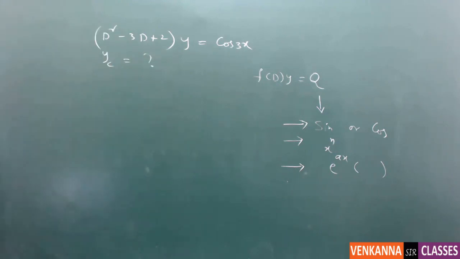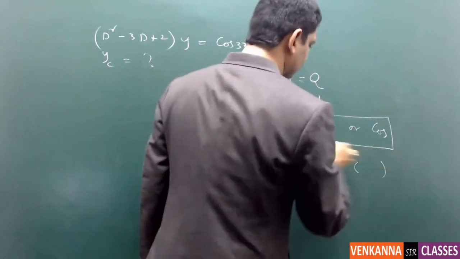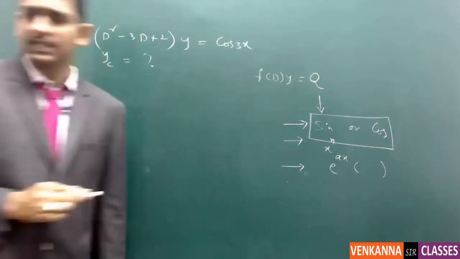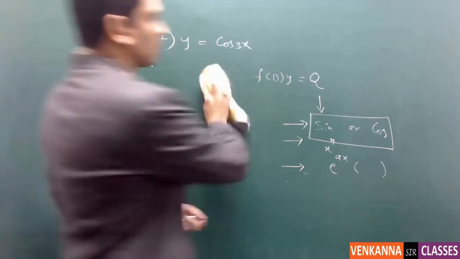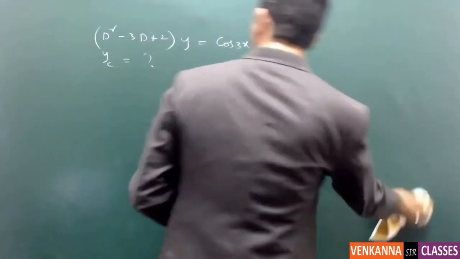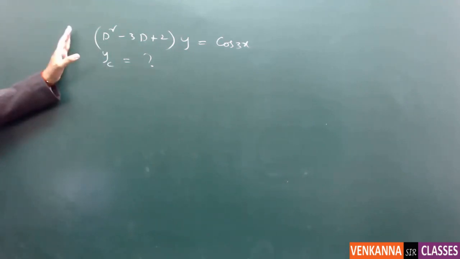You please do it. So we are discussing about the first model, that whenever sine or cos function is presented in place of Q, how to evaluate that?